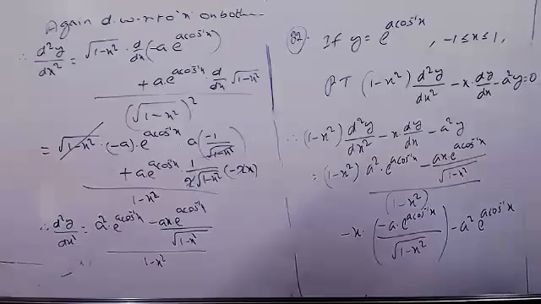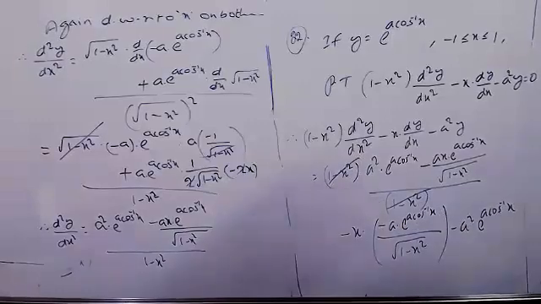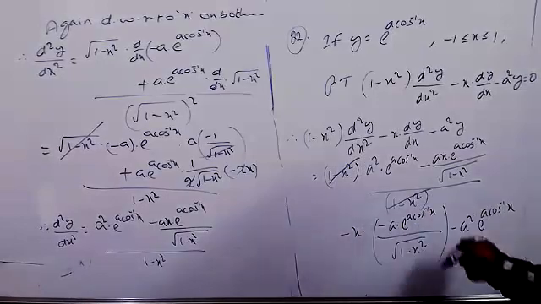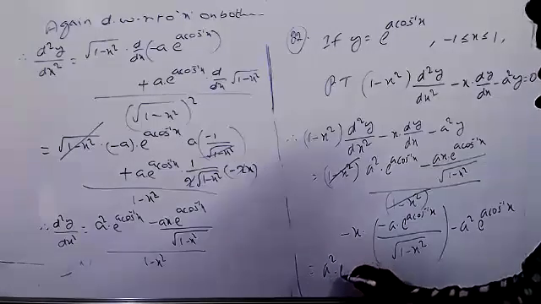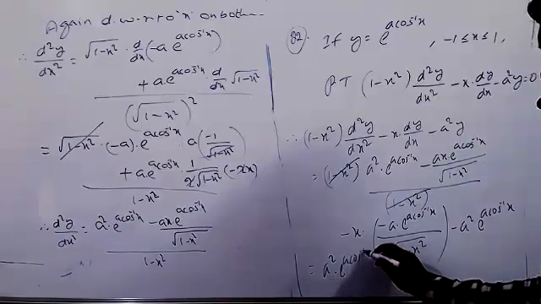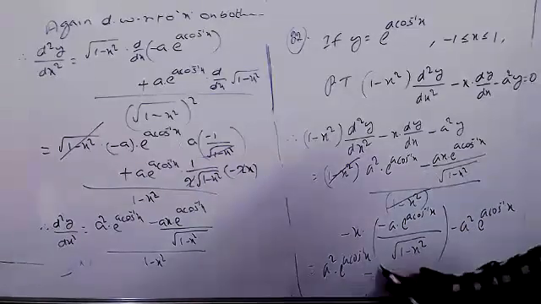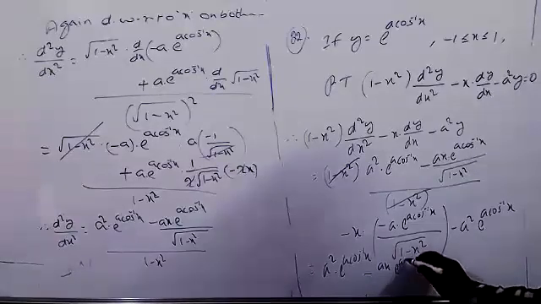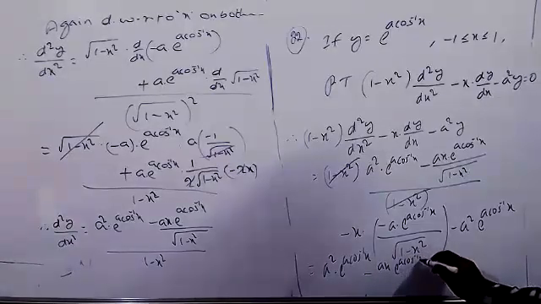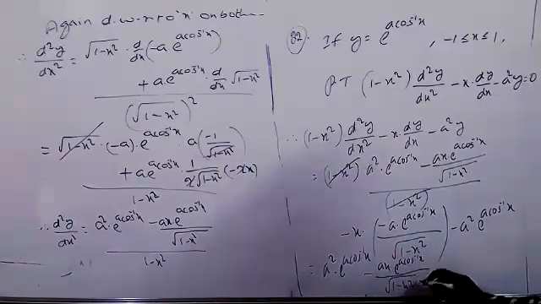Here clearly these two will be cancelled. So remaining you can write now a square into e power a cos inverse of x minus, this is right as it is only, ax into e power a cos inverse of x whole by root of 1 minus x square.